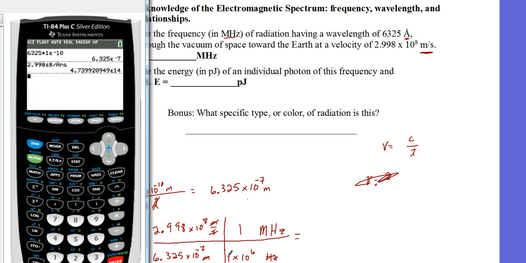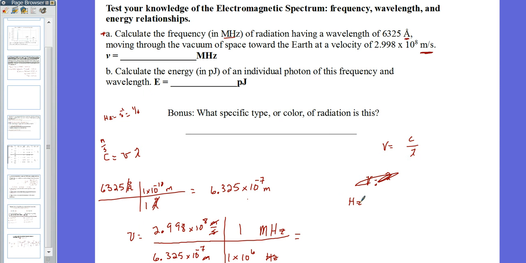And then I've got to divide by 1 times 10 to the 6th. So, you had your answer in hertz was 4.740. Pull that back up there. 4.7, if you rounded it to the right number of sig figs, 4 times 10 to the 14th hertz.